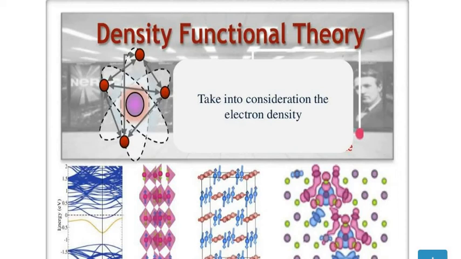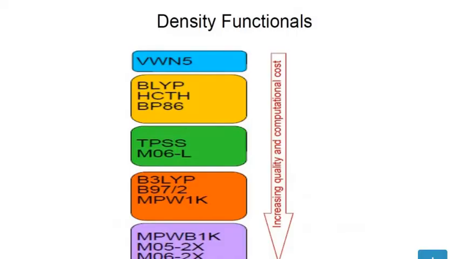So, density functional theory takes into consideration the electron density. This is very important. So, density functional theory, you know, my friends, increasing quality and computational cost. If you have the methods at the bottom, highly costly.